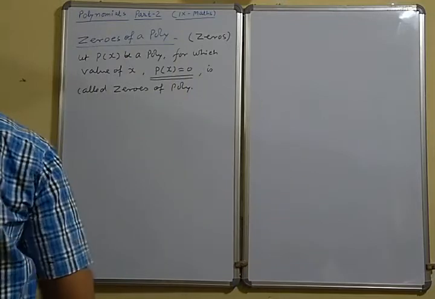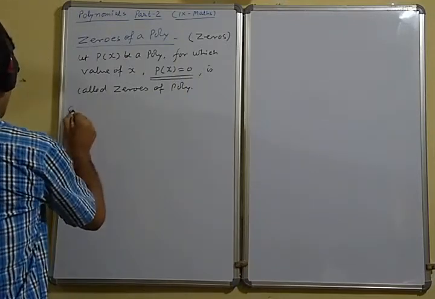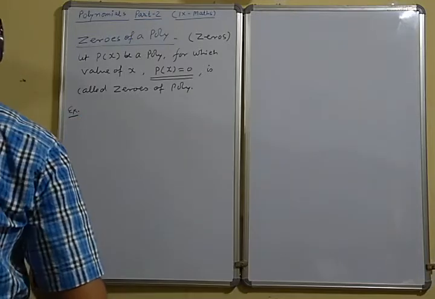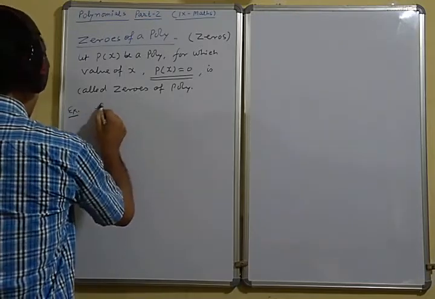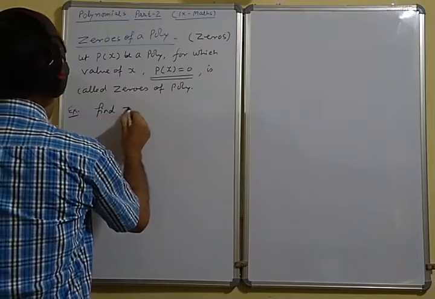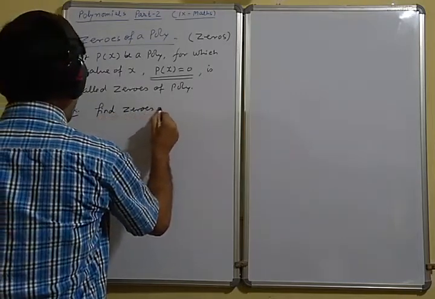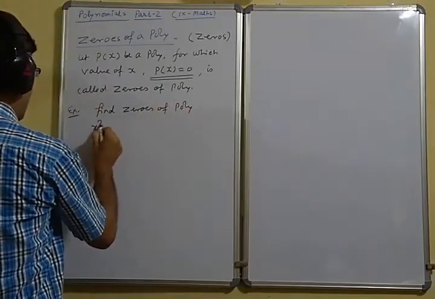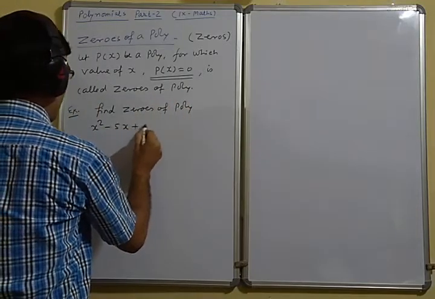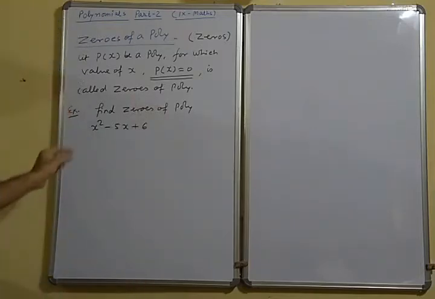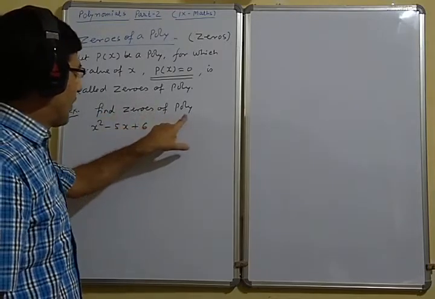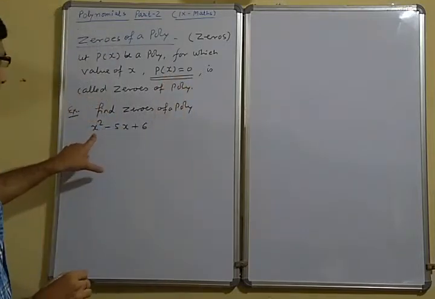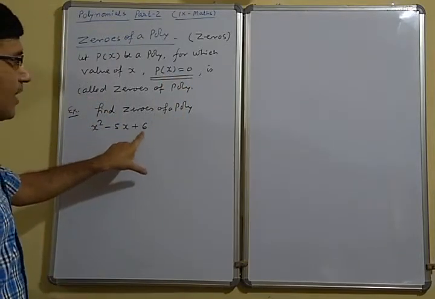Now take an example. Find zeros of the polynomial x squared minus 5x plus 6.